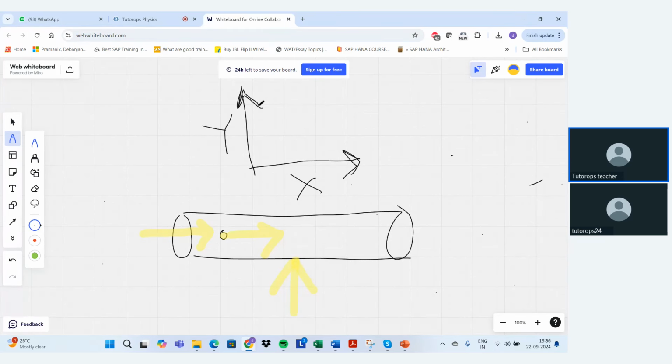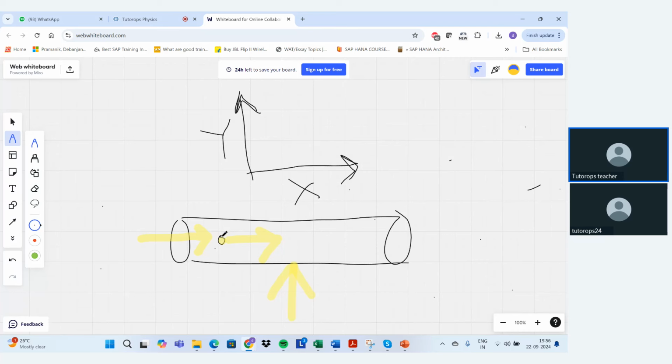In this case, what happens? A resultant force is created. Let me not call it force, let me call it a vector, because this is a matter. It has its internal numerical value.